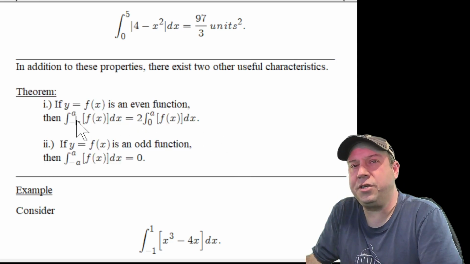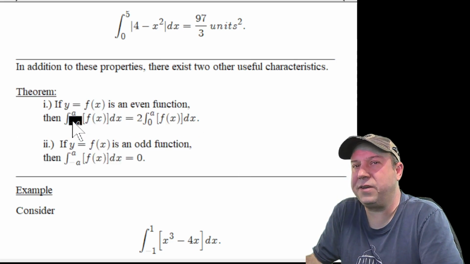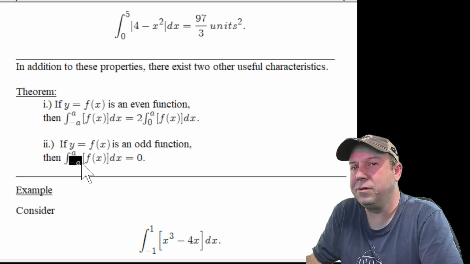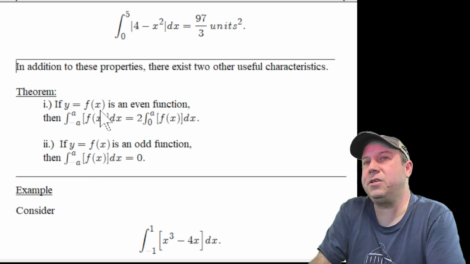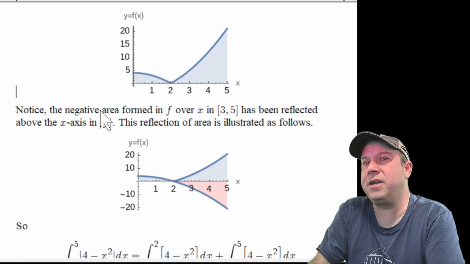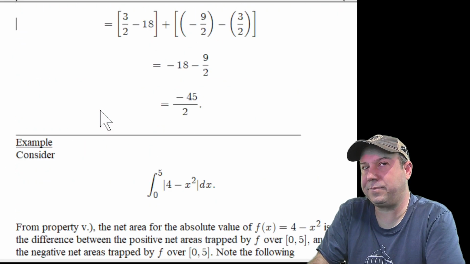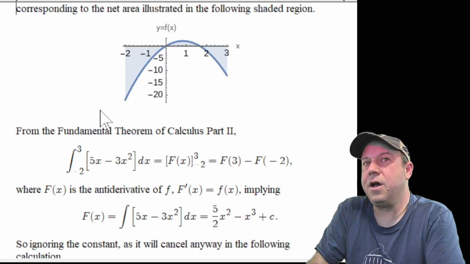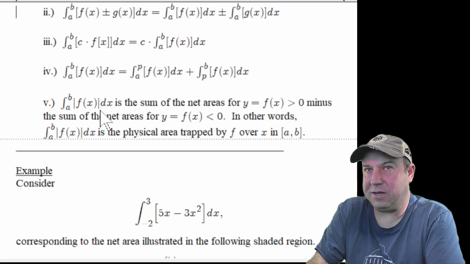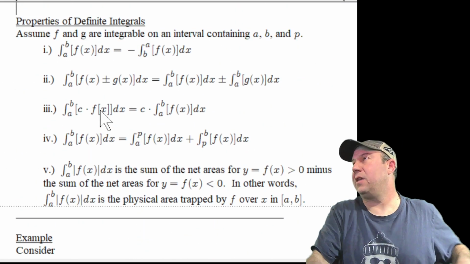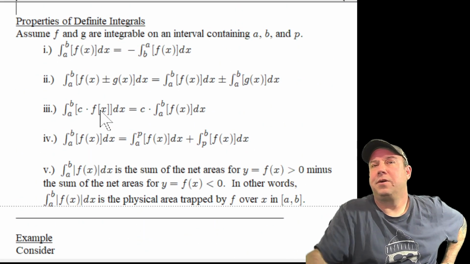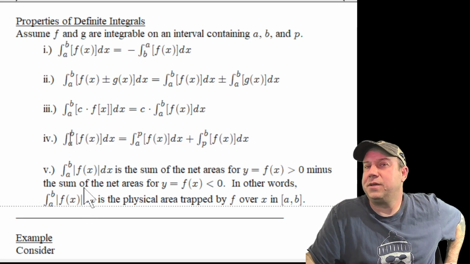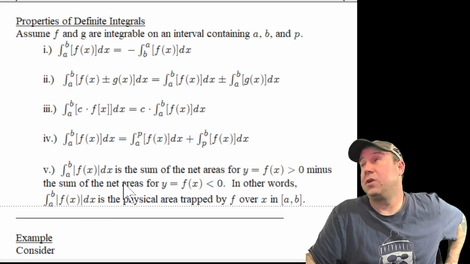I will caution you, though, this only works in very specific cases where your boundaries are opposite in value, whereas the properties we introduced initially work in every case of a function, across any boundary in the calculation. We don't need to work with opposite boundaries with these properties.